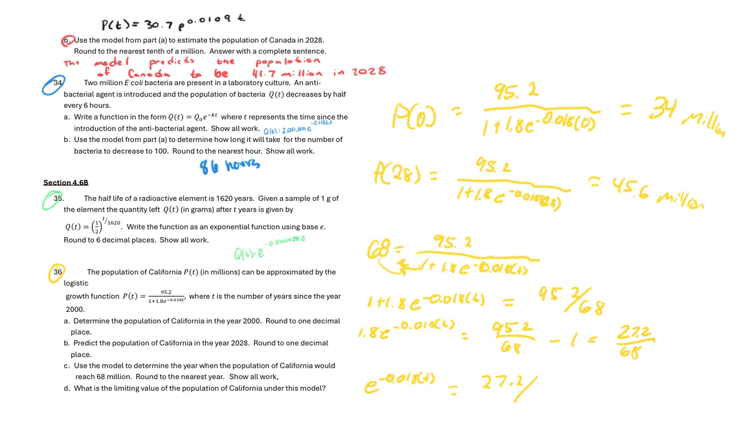Take the natural log of both sides. The reason why we take the natural log is because this is e, and that will cancel out with the base. And we'll erase some of the stuff here at the top to make room.